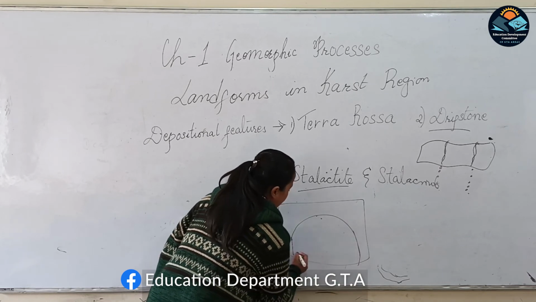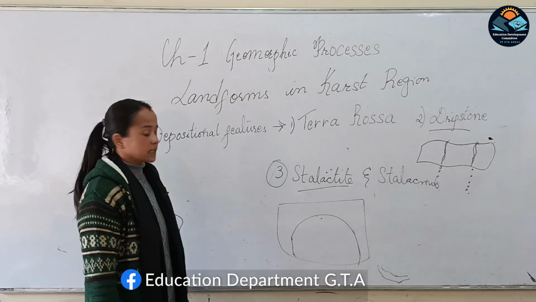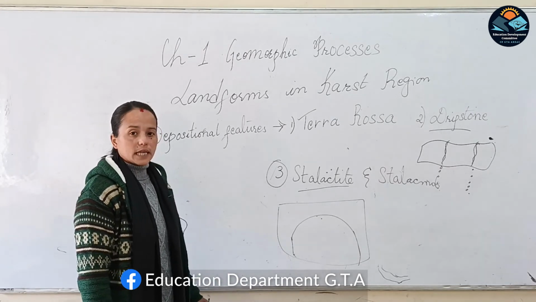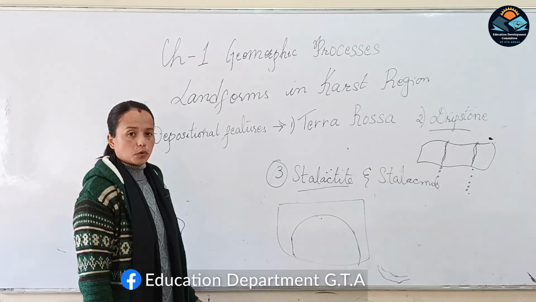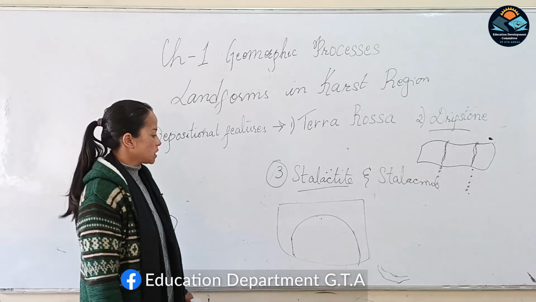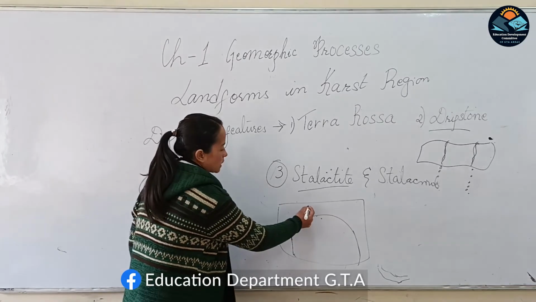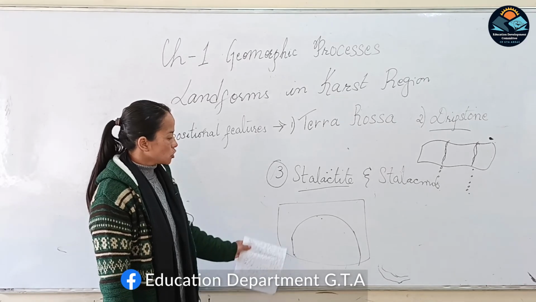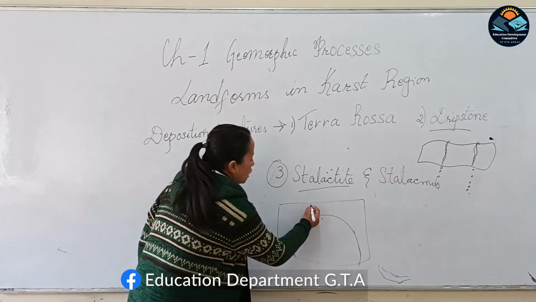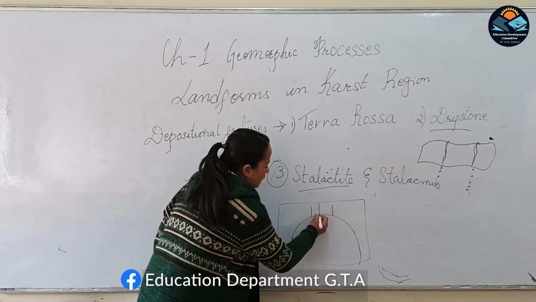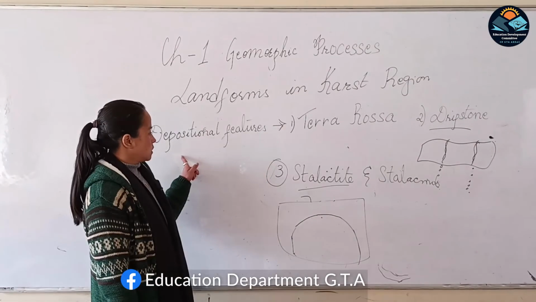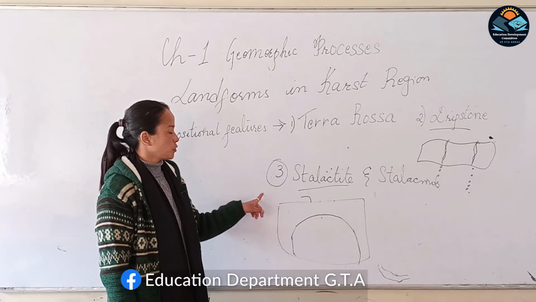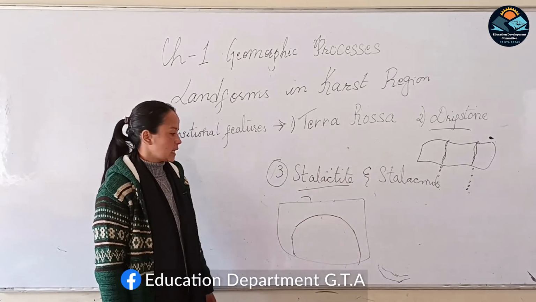They are formed by the underground water, by the solvent action of the rainwater, and by the process of carbonation. Through the cracks and the joints, the water enters, and water starts to drip from the roof of the cave. So the last depositional feature of the karst region or karst topography is the stalactite and the stalagmite.